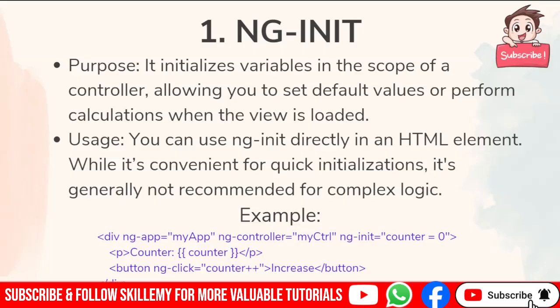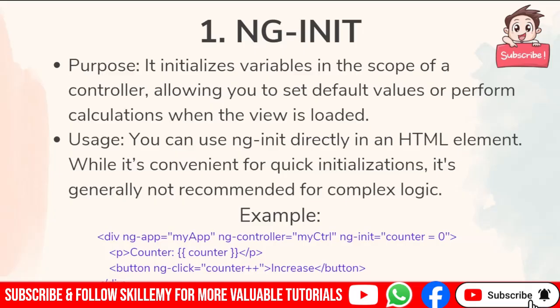Example: div ng-app equal to your specific application and then the ng-controller inside of the div tag. And you are going to define your ng-controller too according to what module you are using in the snippet. And you can also apply the ng-init counter with a specific value.